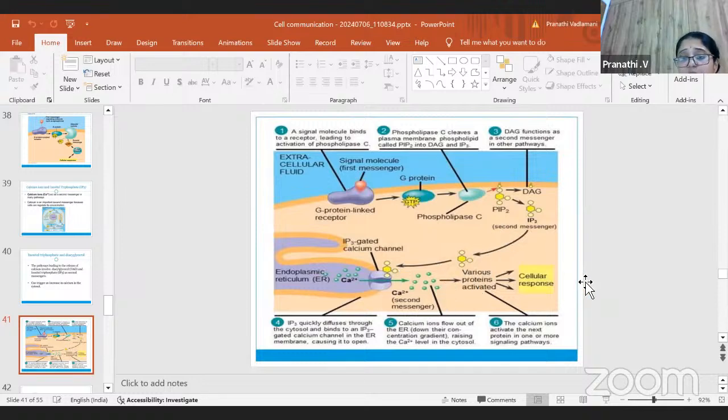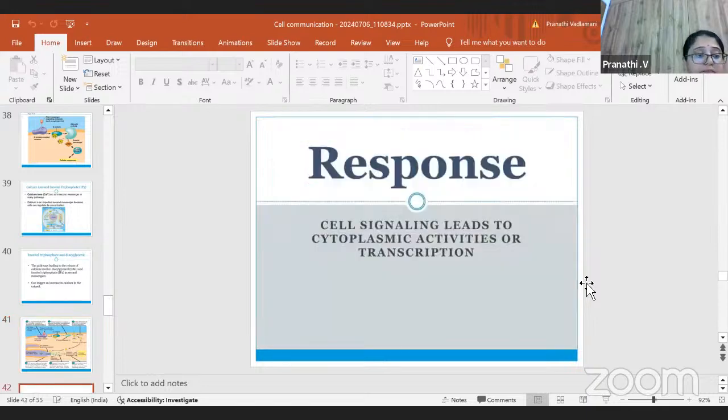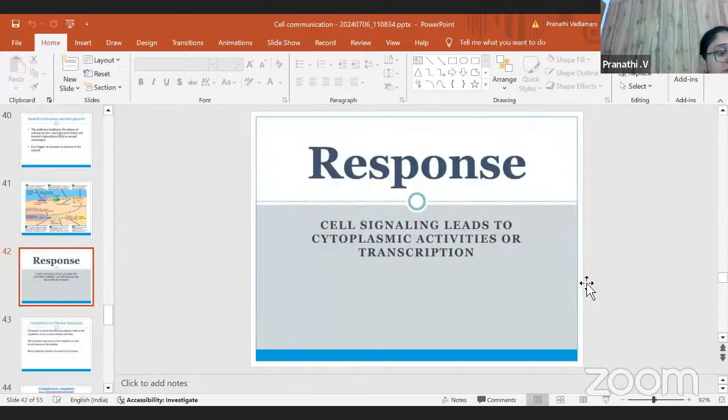This activates another protein through another signaling pathway. Because of this, you have release of protein kinase. Then the targets are again different kinds of proteins, enzymes, transcription factors. Whenever transcription factors get activated, you have gene expression, that is growth, proliferation, differentiation, or you have cell death.